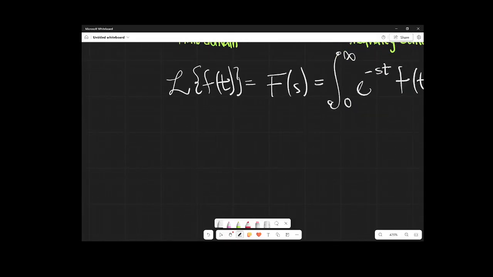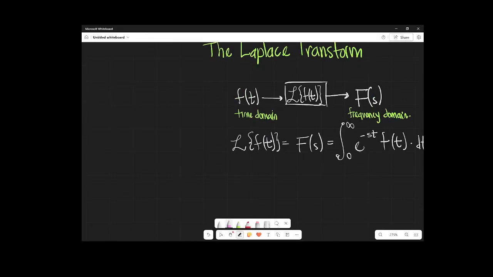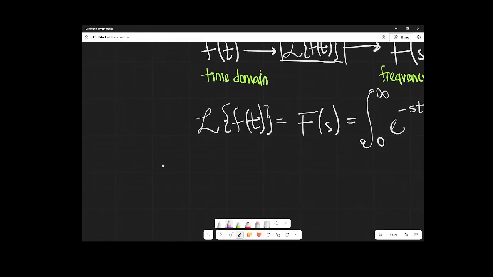One thing worth mentioning before we do examples too is the linearity of the Laplace transform.